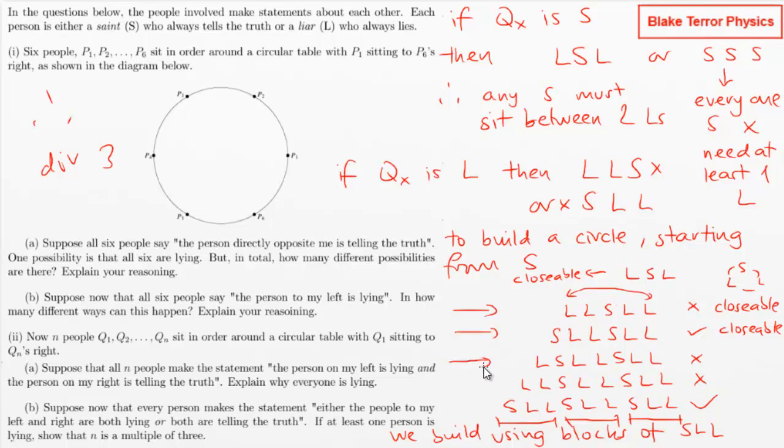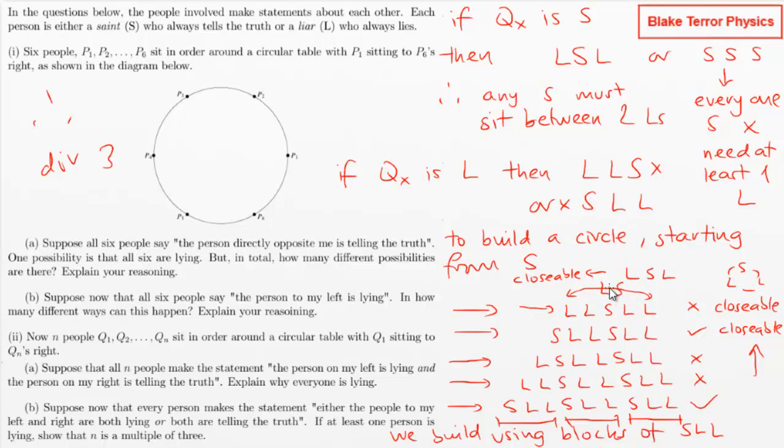I've kind of chanced upon just setting it out this way, but I think doing it line by line shows how you're building it up. The key thing that's probably easy to miss is seeing whether they're closable or not, because you can write these out, but you need to show that the one that's got 5 letters in it is not a closable loop. I suppose I missed out the one with 4, but if you close that, you can't have 4 L's in a row like with the previous one.